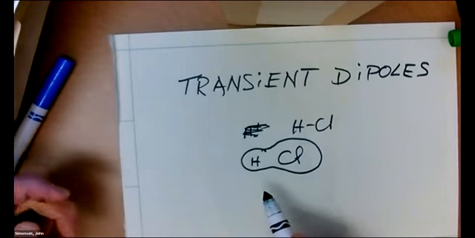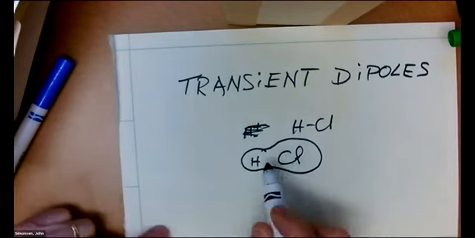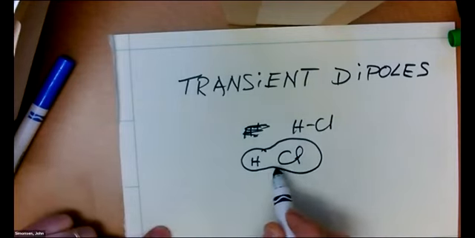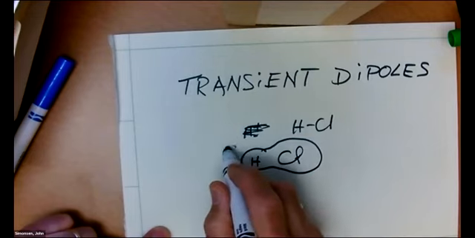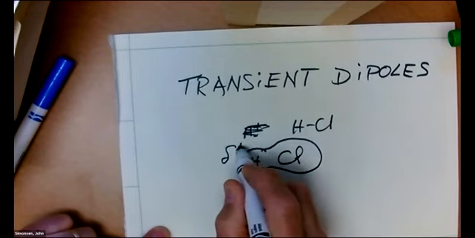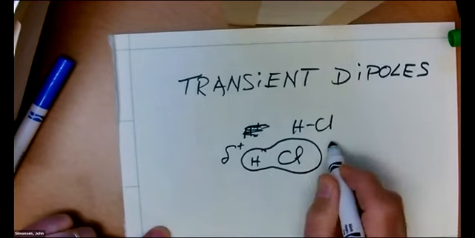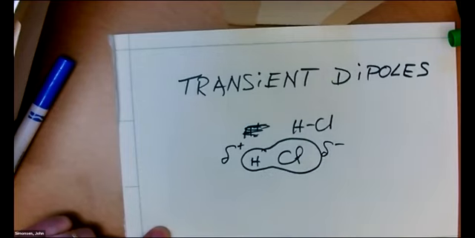Hydrogen is number 1. So when you have 2 different kinds of atoms, the electron cloud will get pulled, and chemists write it like this: delta plus on the hydrogen and delta minus on the chlorine.